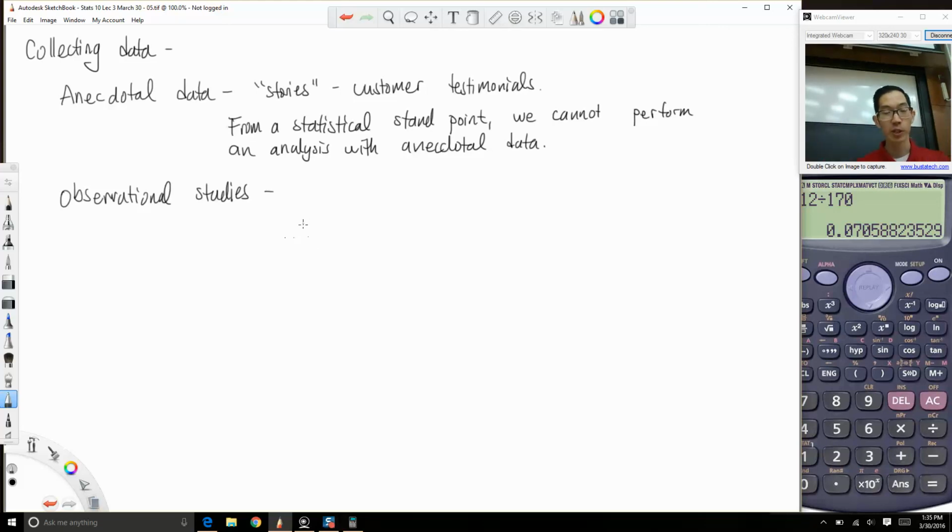Okay, so with observational studies, we observe the subjects in our study. We try not to interfere with these subjects other than taking measurements.